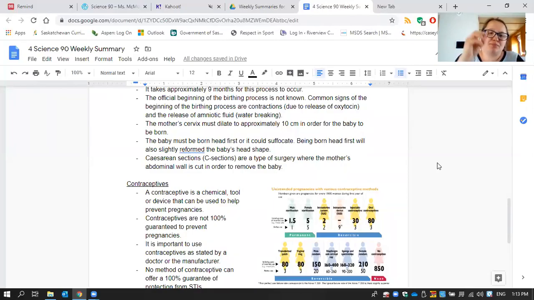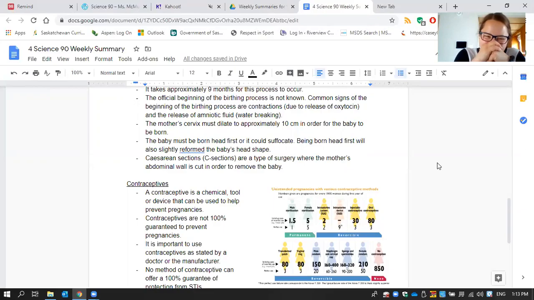So this next part is where I thought it might be a little bit interesting: as you go through labor, the cervix is going to dilate, which means it's able to expand and allow a little bit more wiggle room.